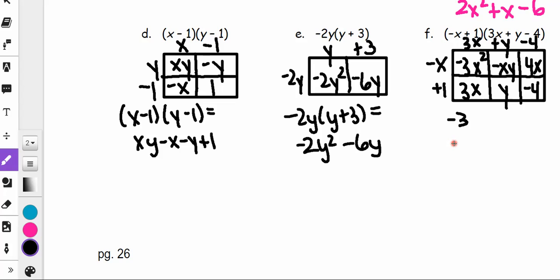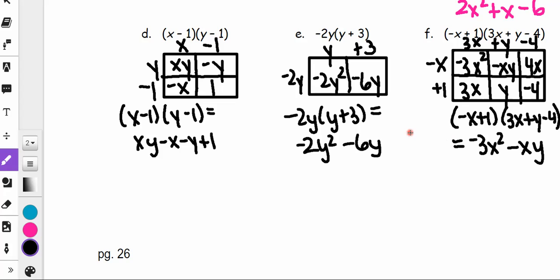So it's going to be a negative x plus 1 times 3x plus y minus 4 is equal to a negative 3x squared, a negative xy, a positive 7x, a positive y, and a negative 4. And that will be my answer.